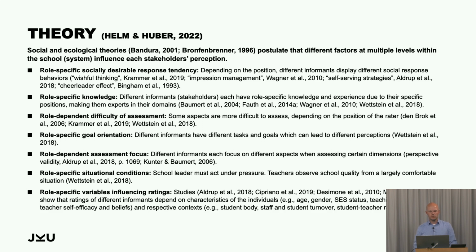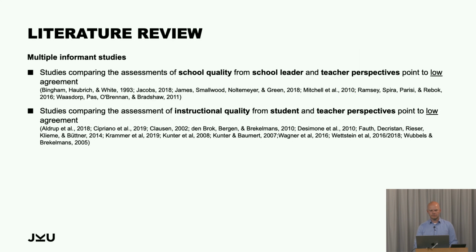Finally, role-specific situations and conditions make a difference. For instance, school leaders act under pressure as they are accountable for the quality of their school. Teachers, in contrast, are in a more comfortable situation and thus might give other ratings. There are many other theoretical reasons that explain why we might expect different ratings from different informants.